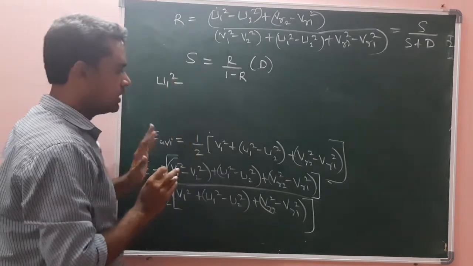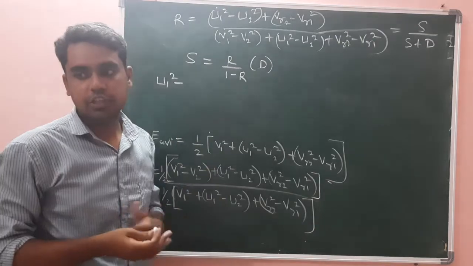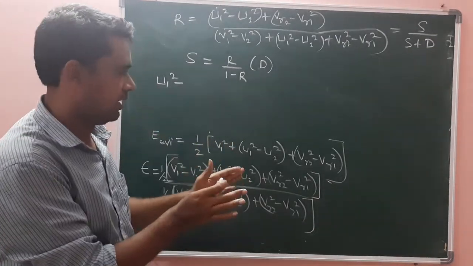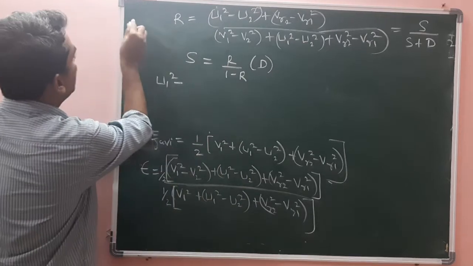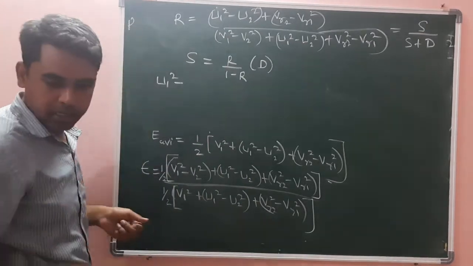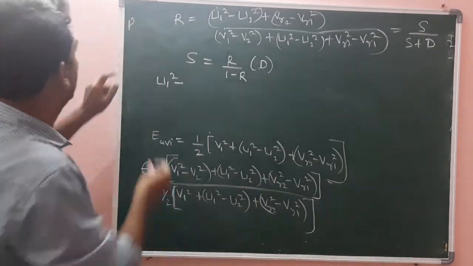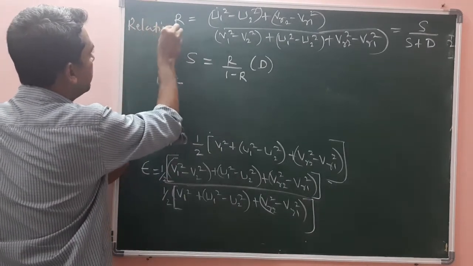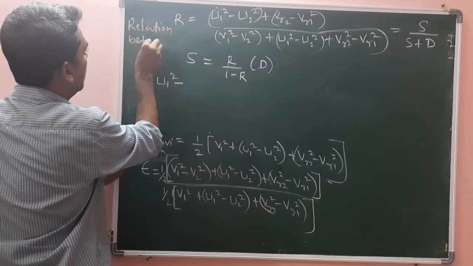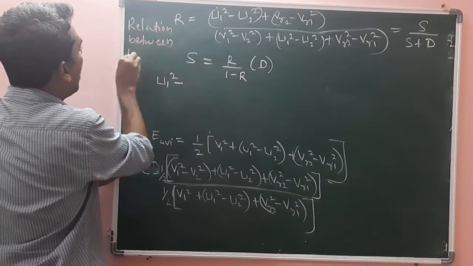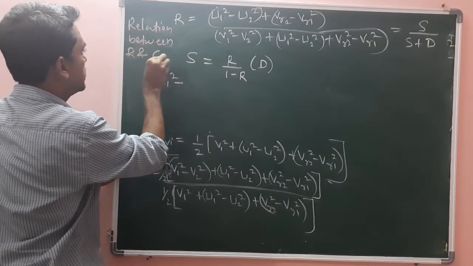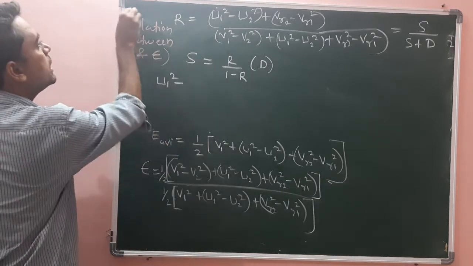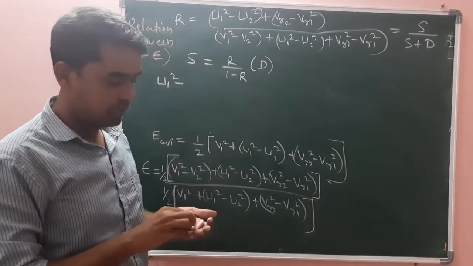Now we are getting a relationship between degree of reaction and utilization factor. I will write the heading: relation between R and epsilon, where R is degree of reaction and epsilon is utilization factor.